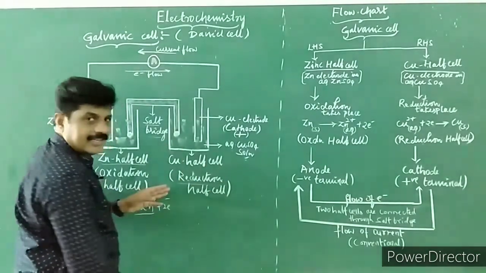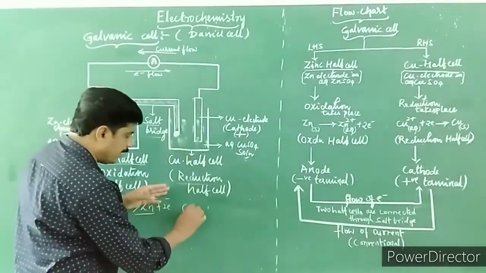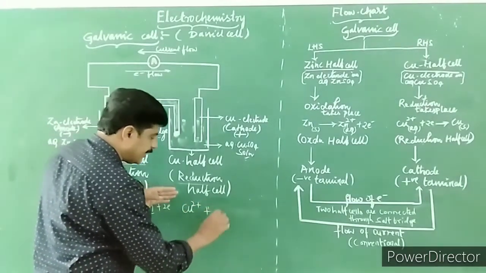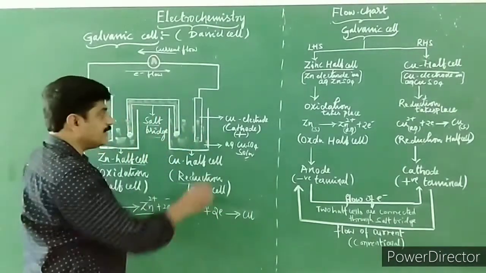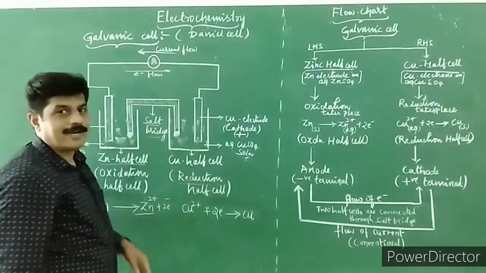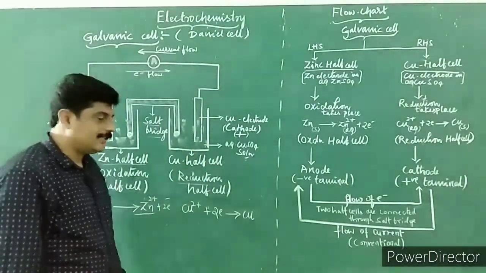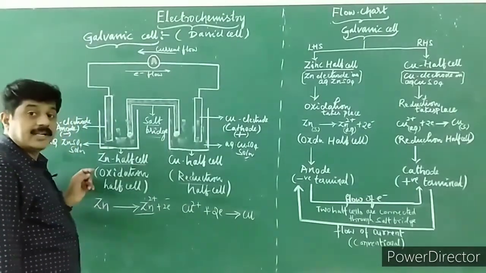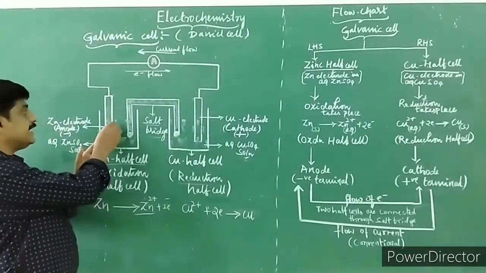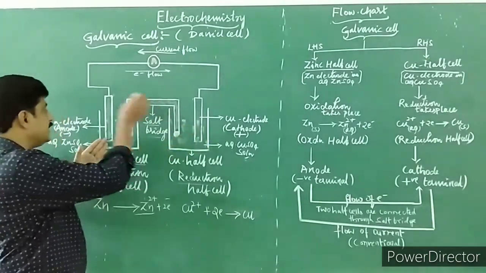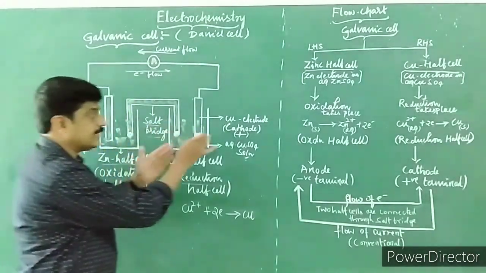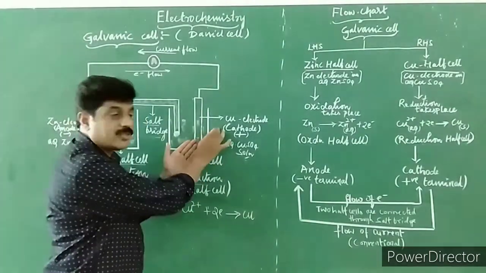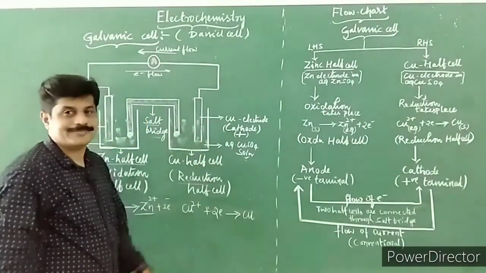Whereas on the other side, there are a number of Cu2+ ions which are ready to get reduced by gaining electrons and get deposited on the surface of the copper electrode. As the electrons move from the zinc electrode to the copper electrode, the zinc electrode acts as a negative terminal called anode, whereas the copper electrode acts as a positive terminal called cathode.